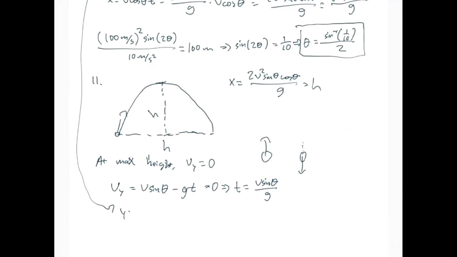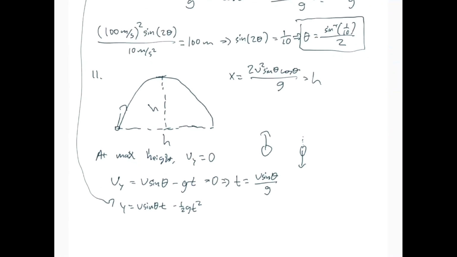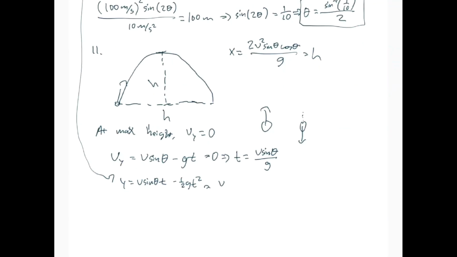We get that y equals v sine theta t minus half gt squared. And if you plug this t into this equation, you'll get v sine theta times v sine theta over g minus half g times v sine theta over g squared. And if you simplify, this just becomes v squared sine squared theta over 2g. Okay, and this is also equal to h.